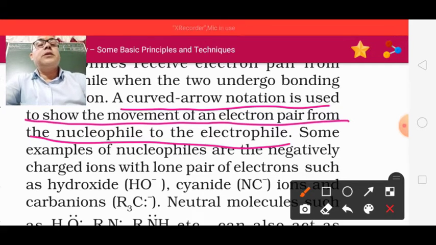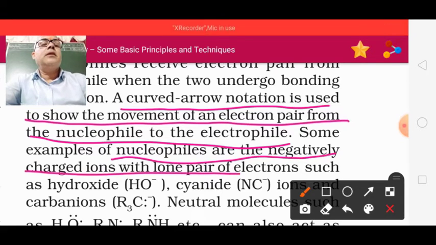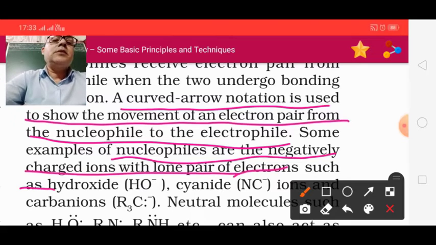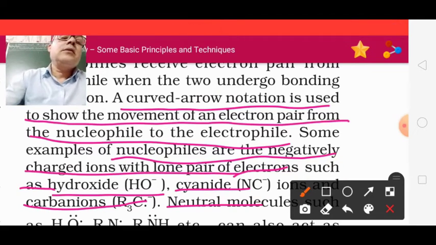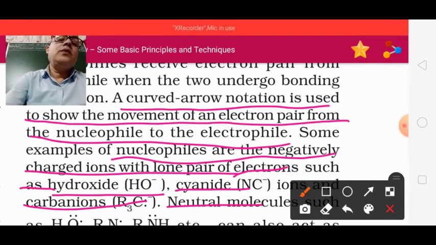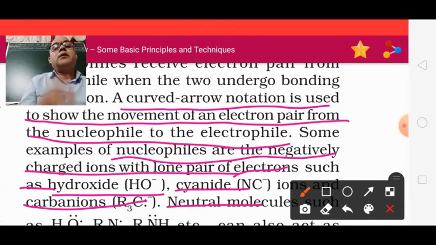Now you can see some nucleophiles are negatively charged, species with a lone pair of electrons, like hydroxide, cyanide, carbanions. These are the neutral nucleophiles. Nucleophiles are those that have an extra pair or a complete octet.